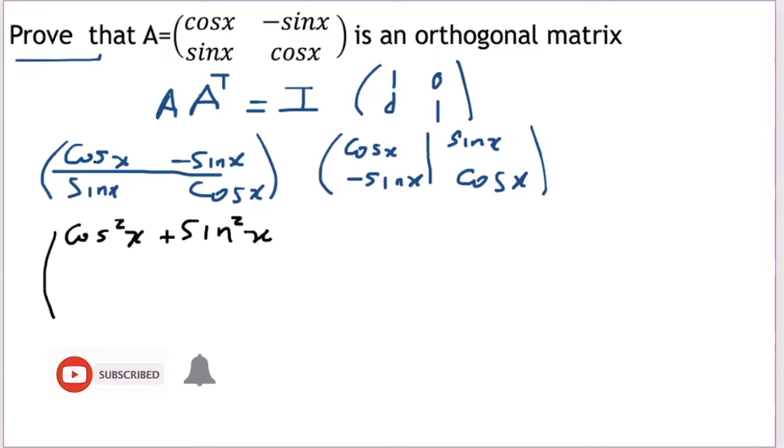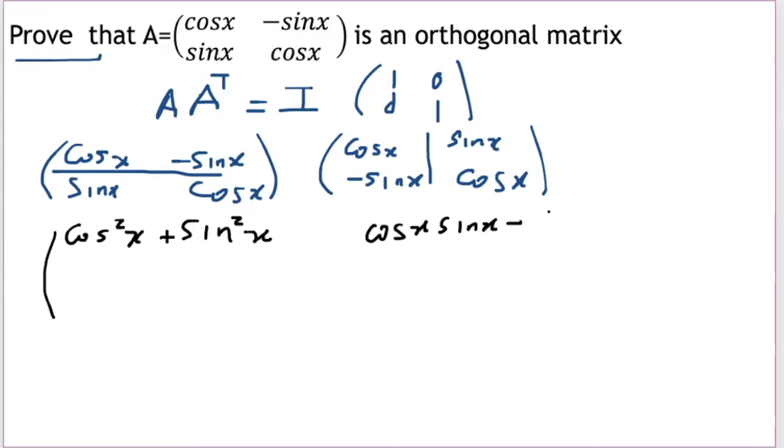Now multiplying the first row by the second column. So cos x times sine x, that gives me cos x sine x. And please note, you could have written this as sine x cos x. And then minus sine x times cos x.